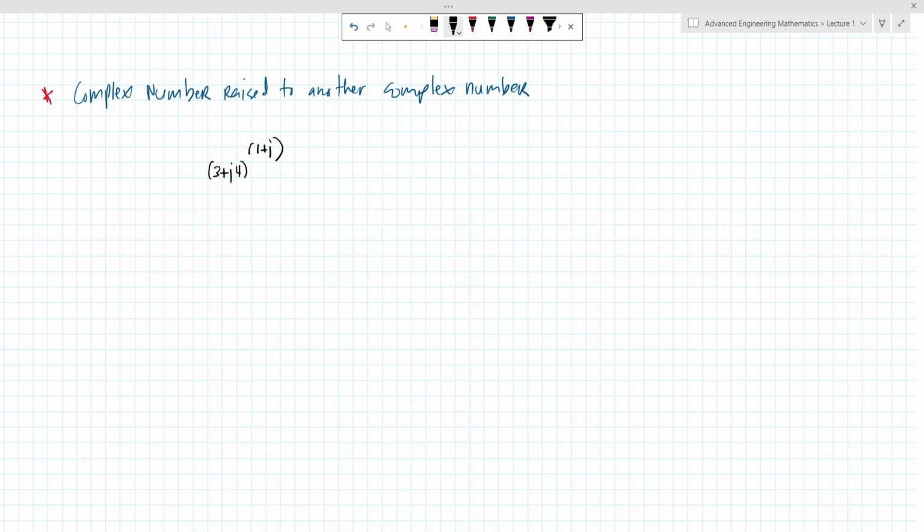So we will discuss now one by one how to evaluate this kind of expression. Let's start by letting this full expression be y.